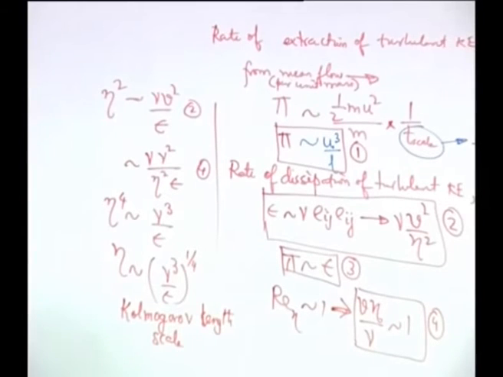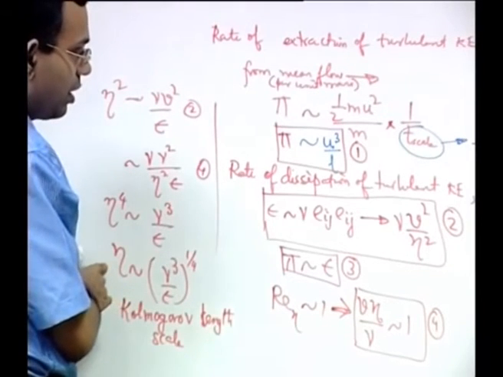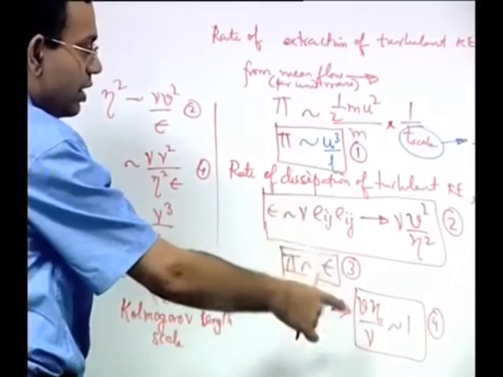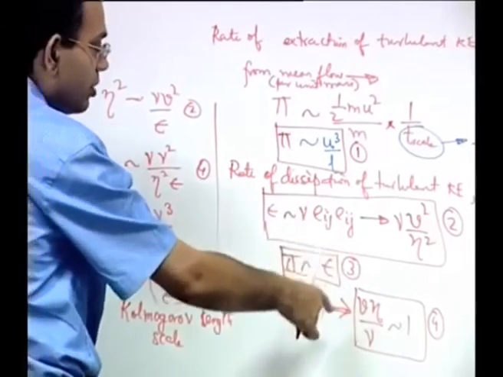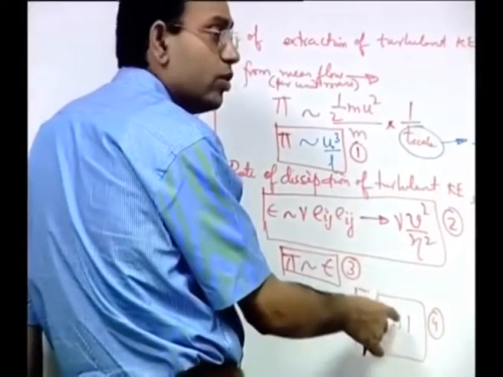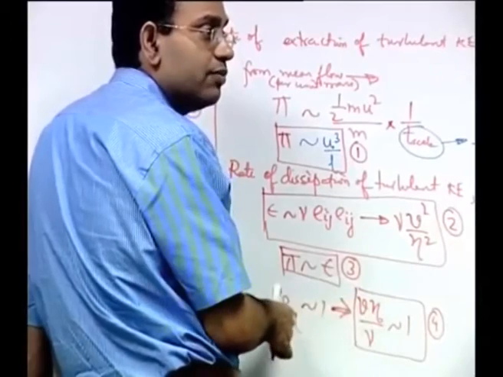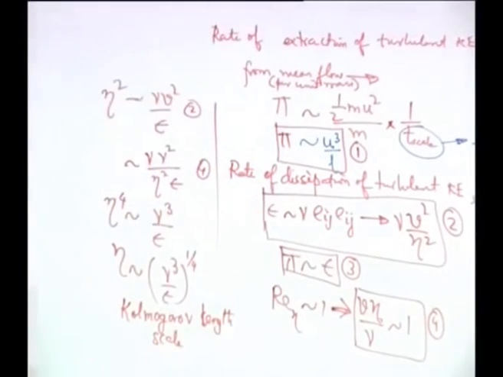Now we can try to assess how this Kolmogorov length scale relates to the system length scale. So if you have the Kolmogorov length scale, the corresponding velocity that you can obtain by using any of these relationships, that is if you obtain V by using for example V eta by nu of the order of 1, then from that you can obtain V, that is known as Kolmogorov velocity scale. Now if we want to relate it with the system scale, you have pi of the order of epsilon.